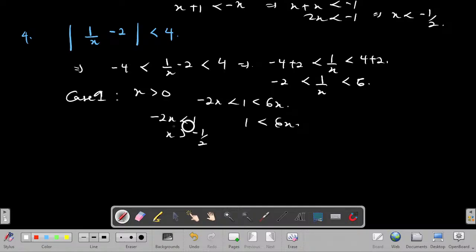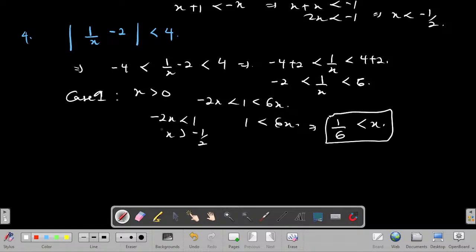Whenever you are dividing or multiplying by a negative across a sign like greater or less than, it will reverse the sign. That is why you have x greater than negative half. On this end, I simply have 1 over 6 is less than x. So I have 1 over 6 is less than x. With this expression in mind, ask yourself that I have two answers.